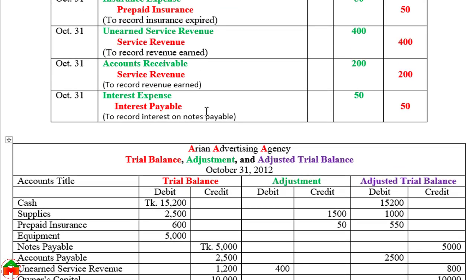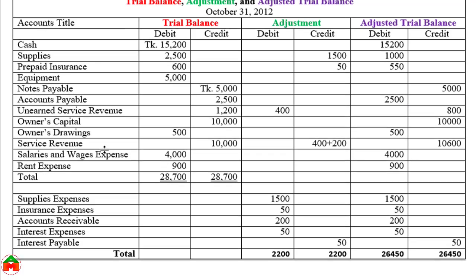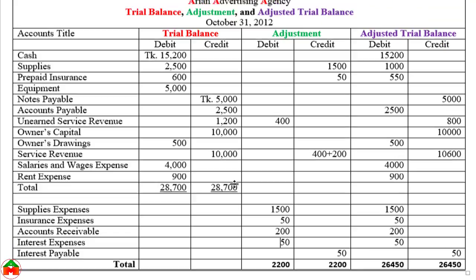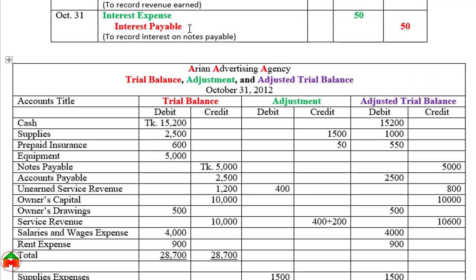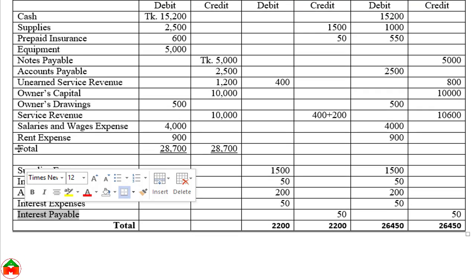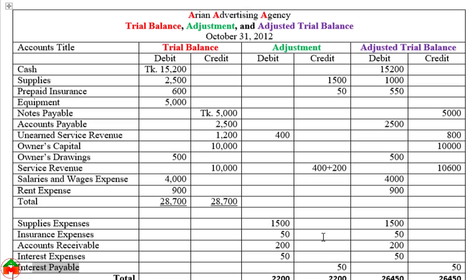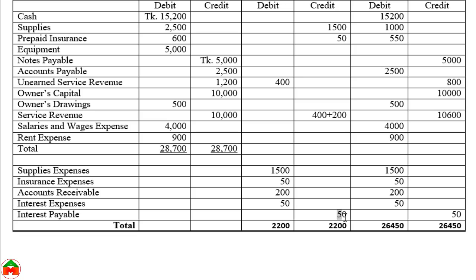The last one is interest expense debit 50. There is no interest expense, so I need to create a new account named interest expense, with debit 50. And interest payable is credit 50. There is no interest payable here, so I have written it on the credit side.